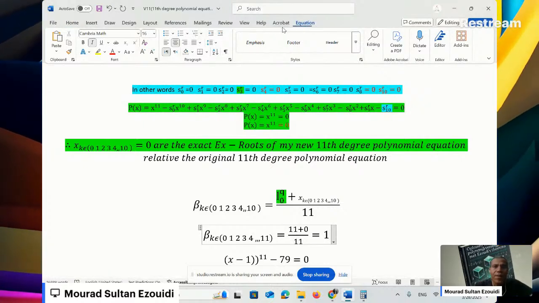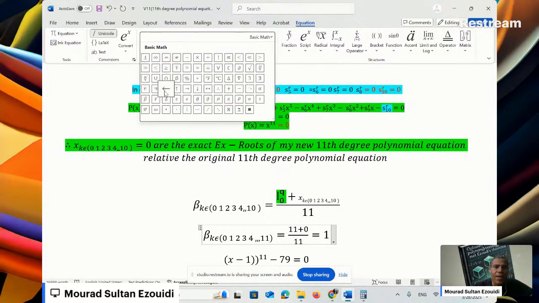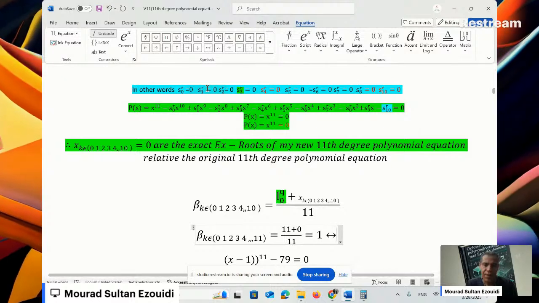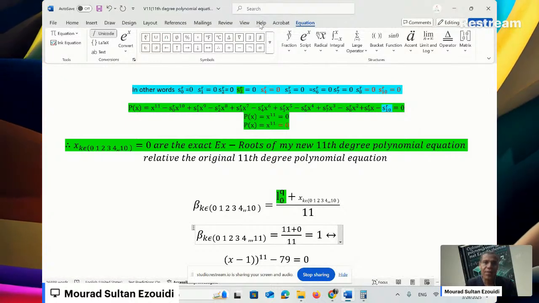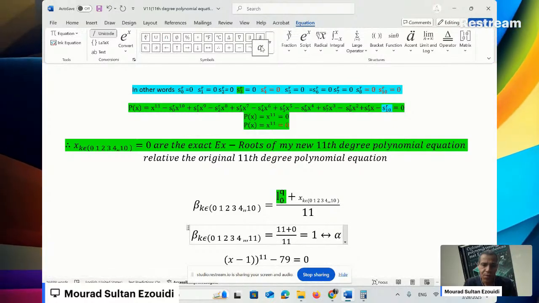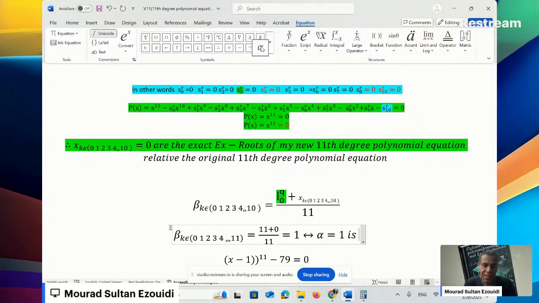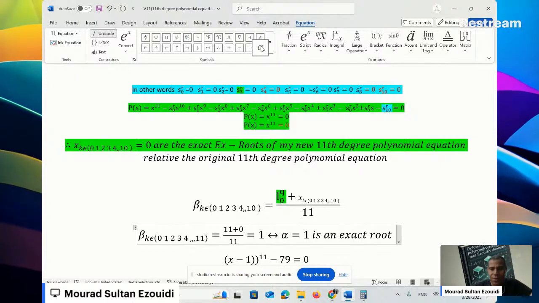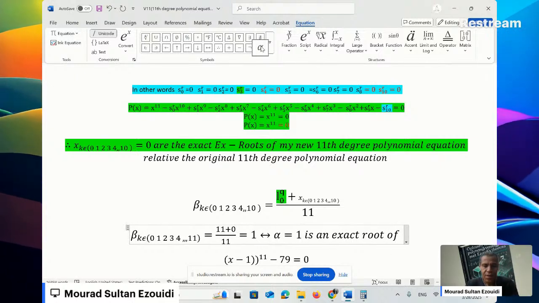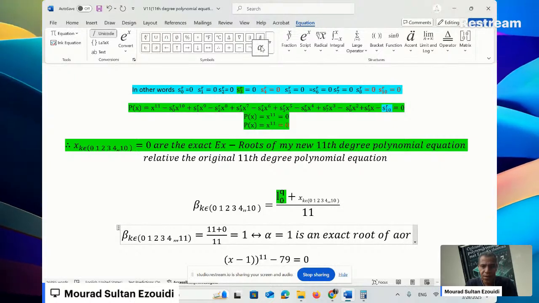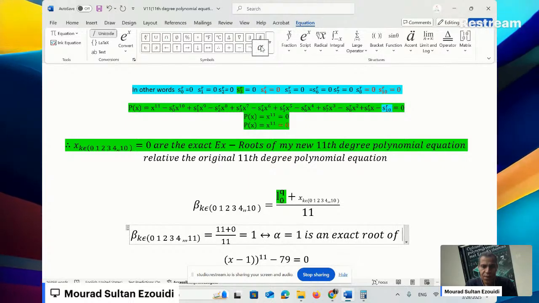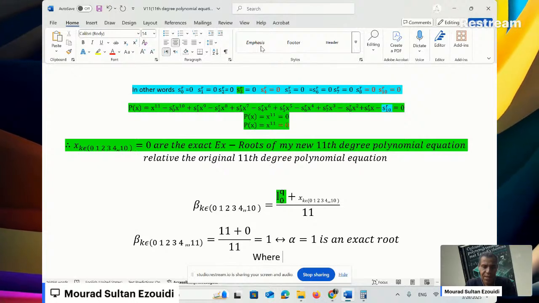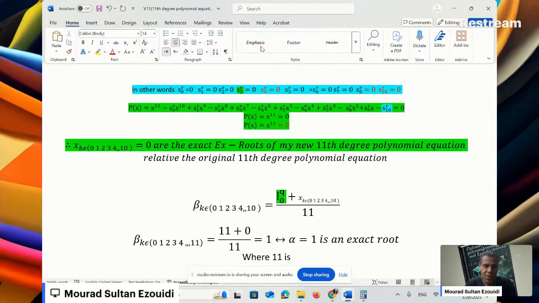What is the equation? This means that alpha equal 1 is an exact root, where 11 is its order of multiplicity.